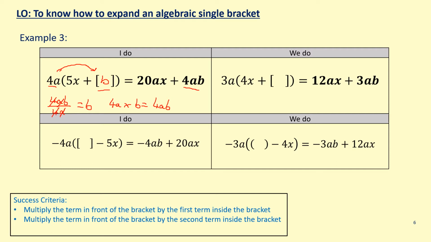So the we do, give it a tick if you got it right, was the same as the previous I do, and the answer was b. To work that out, we took this 3ab term and we divided it by the factor outside the brackets. A's on both sides, on top and the bottom, in the denominator and in the numerator.